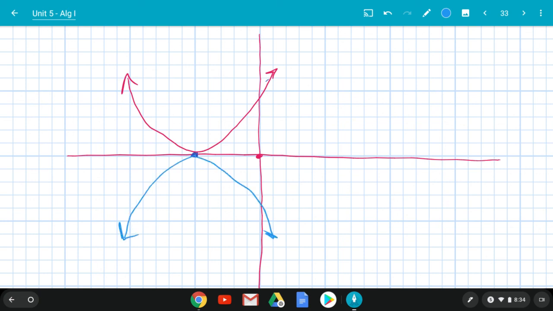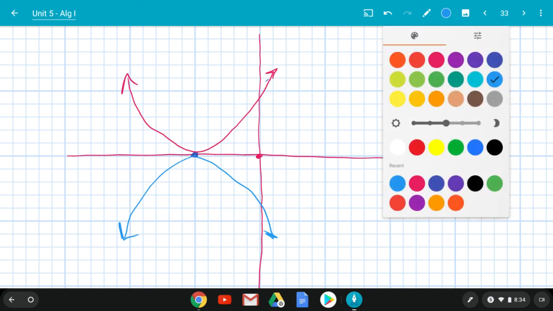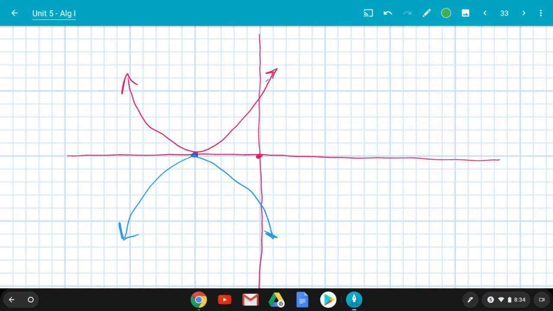Yes. But if I were to reflect it horizontally, it would look like this. Why? Because it reflects around the axis. Reflects around the axis. Okay? Always.